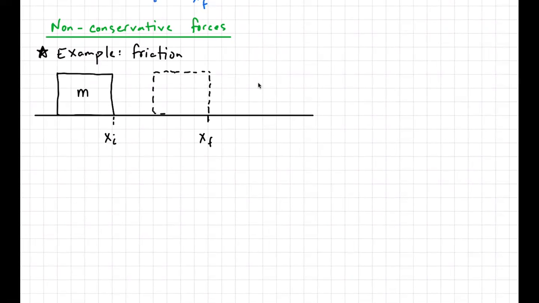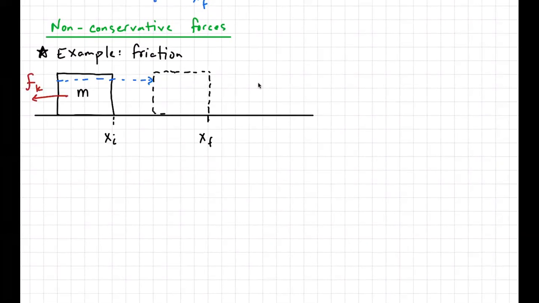Well, let's take a particular path and compare it with a different path. This will be the blue path. I start here and the mass just slides forward from xi to xf, and that's it. The force of friction the whole way will point opposite that motion.